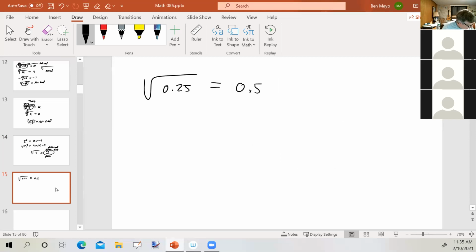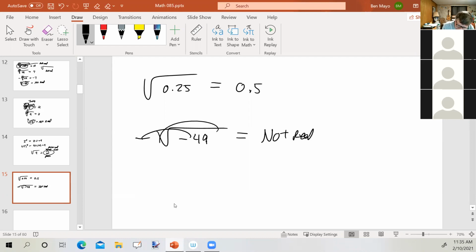Okay, how about this? Negative the square root of negative 49. Well, this is not real. And you might think, well, can't you do that? No, you can't. Because this in itself is not real, so anything you do beyond that is still not real.